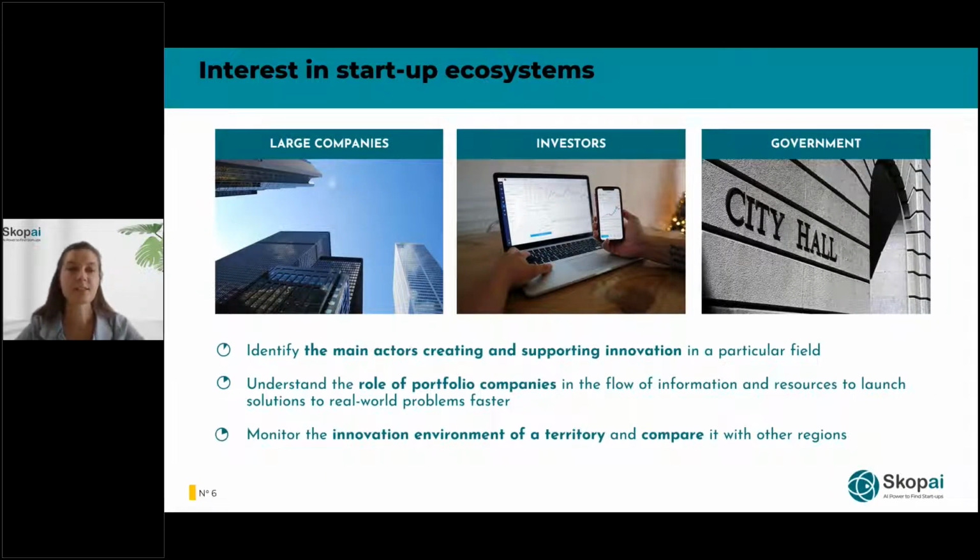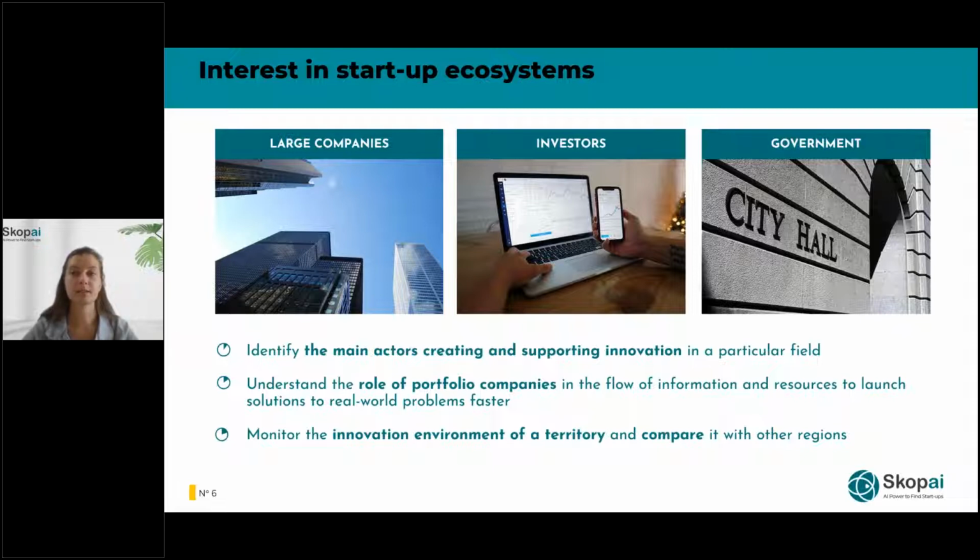Different organizations are interested in building startup ecosystems. For example, large companies, investors, and government. For large companies, ecosystem mapping allows them to identify and see the main actors that create and support innovation in a particular field.